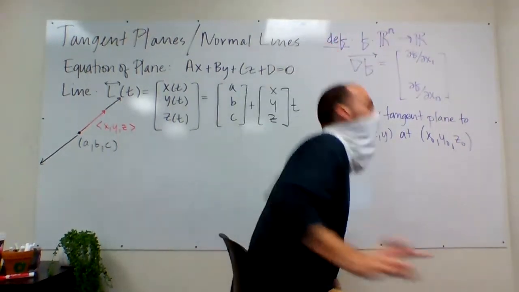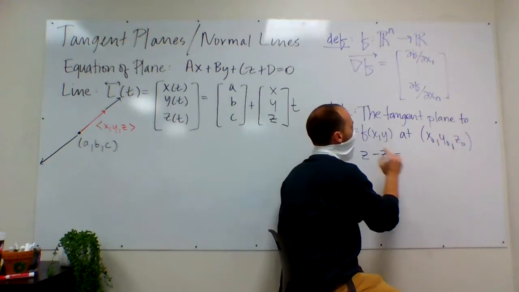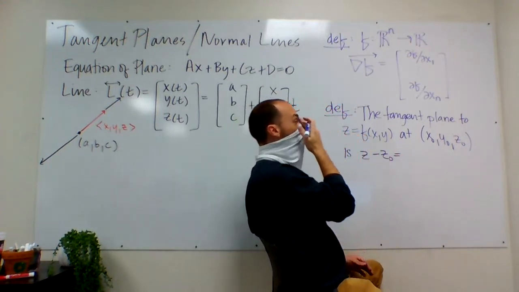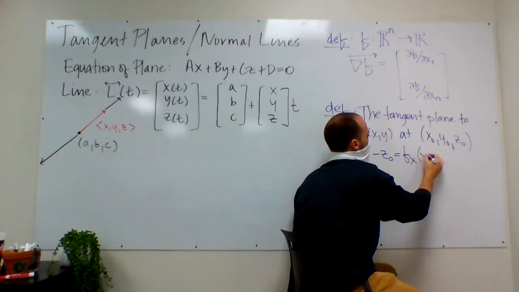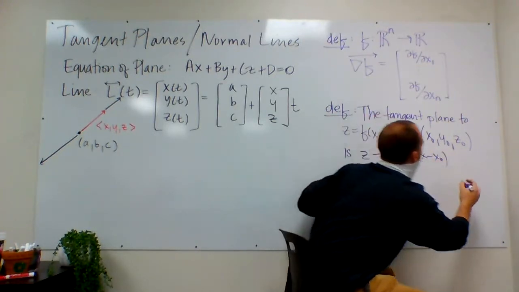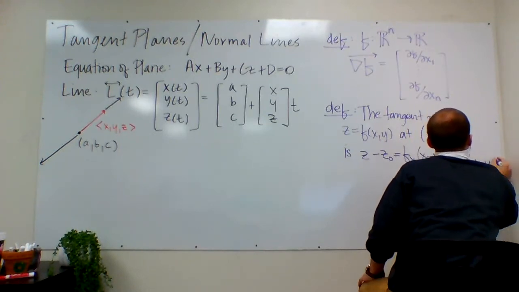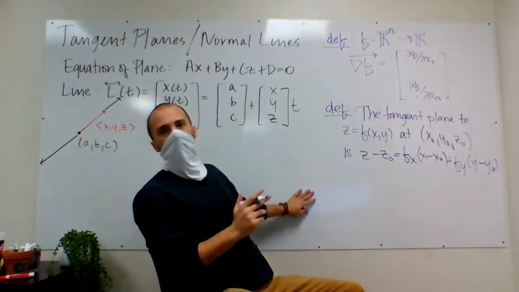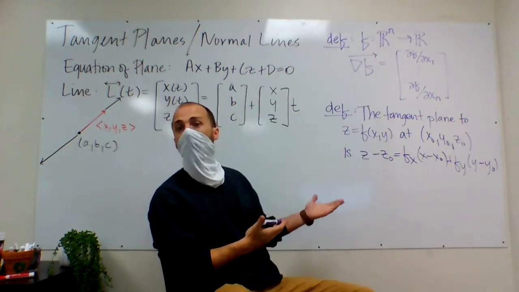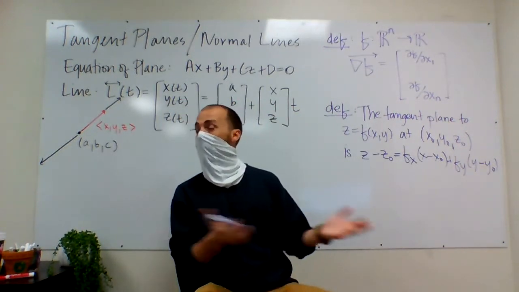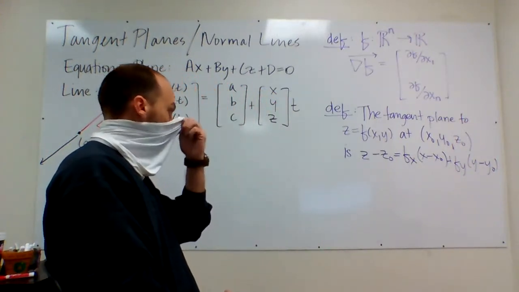It's z minus z0 is equal to the partial of f with respect to x, which for simplicity I'm going to call fx, times x minus x naught, plus fy times y minus y naught. You will see other more complicated formulas for this out there. This is the way to go, though. It's like point slope, right? Something like that.